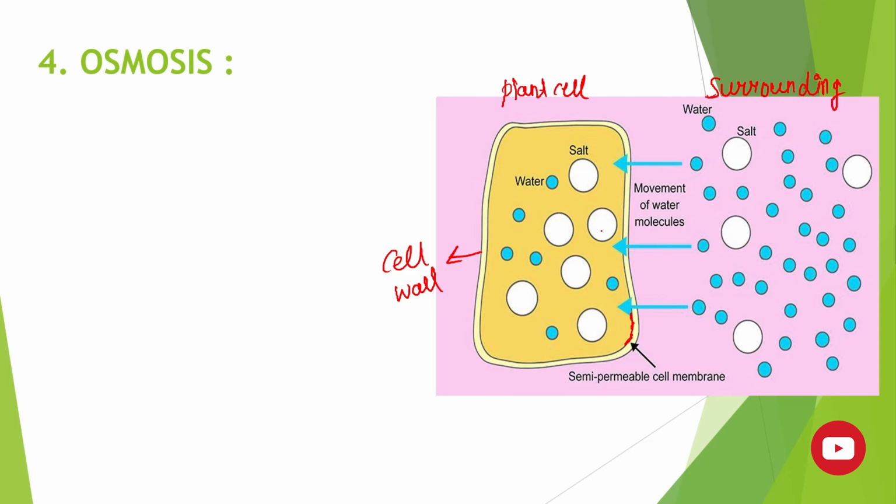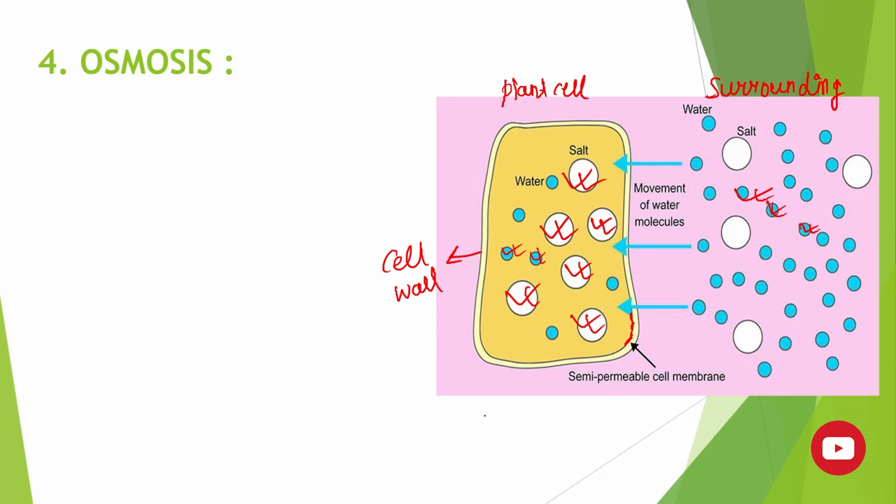Now, let us understand the concentration of the substances in the plant cell and the surrounding. Inside the plant cell, a higher concentration of salt molecules is visible. You can see very well in the diagram that there are more salt molecules inside the plant cell than outside. And in the surrounding, there are more water molecules than inside the plant cell.